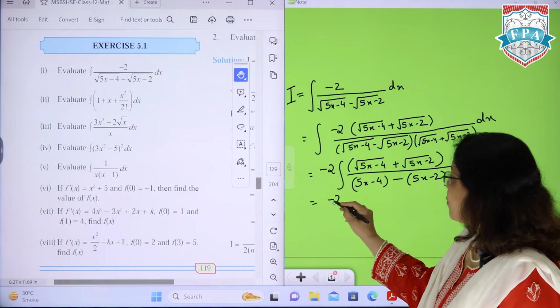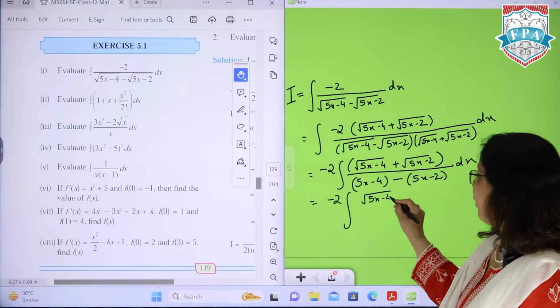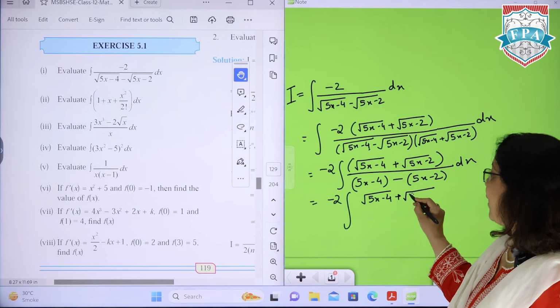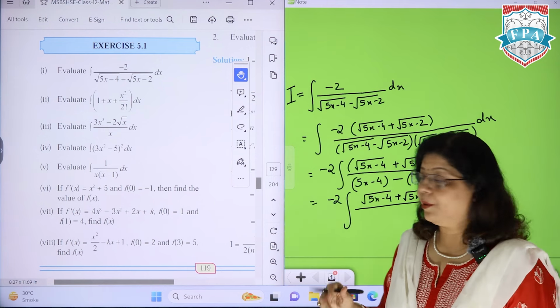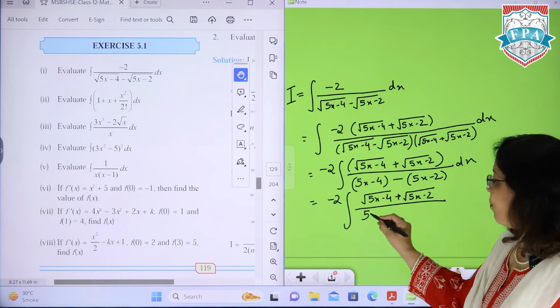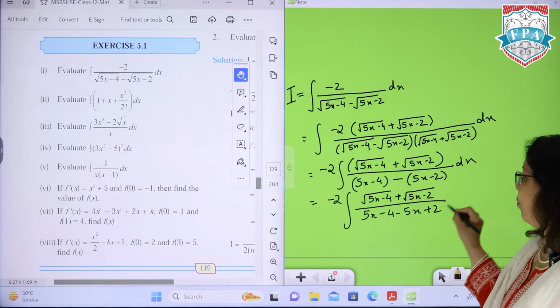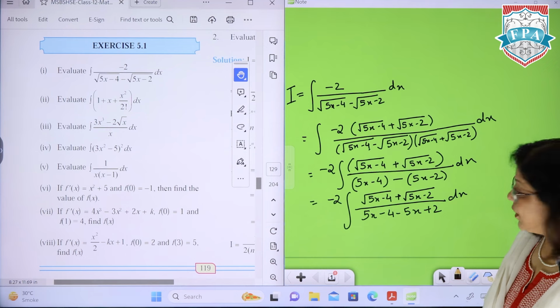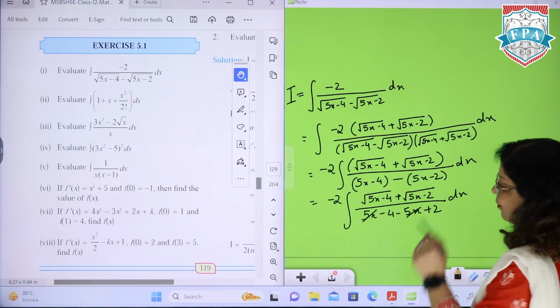So now here minus 2, the numerator is again the same. Even though you have to write the step one more time, it's better to be cautious rather than making a careless error. So 5x minus 4 minus 5x plus 2 dx. Now when you see this part, 5x and 5x will get cancelled.